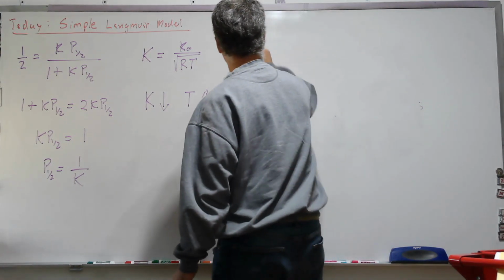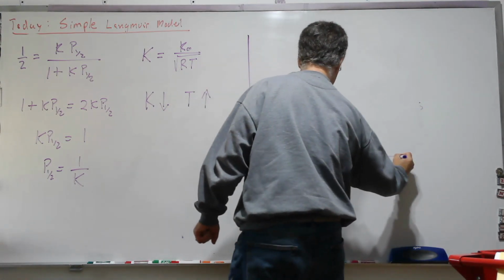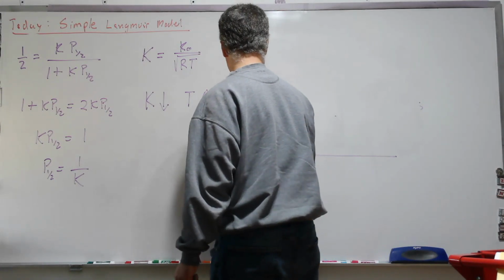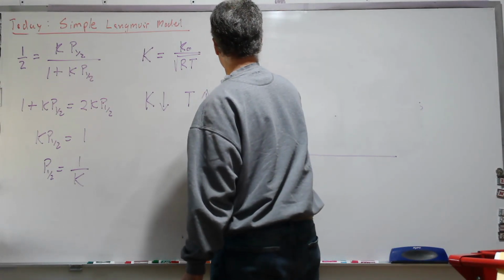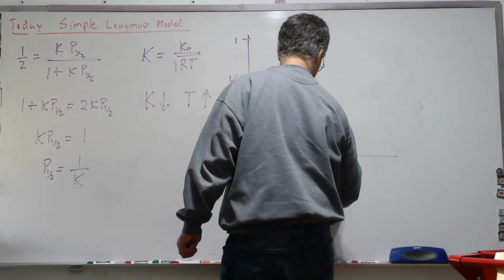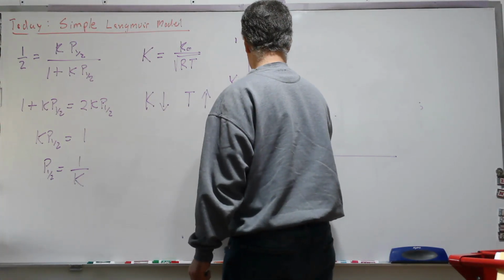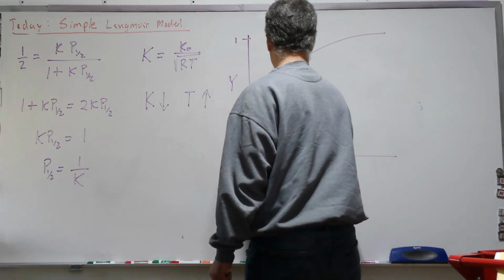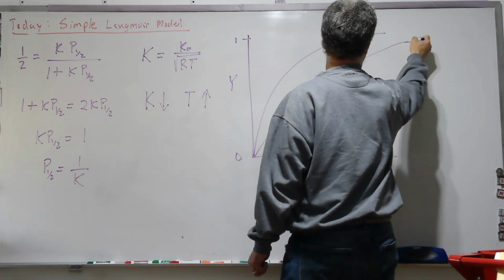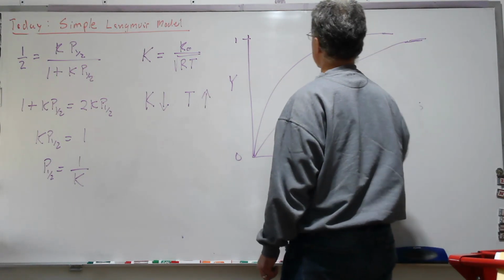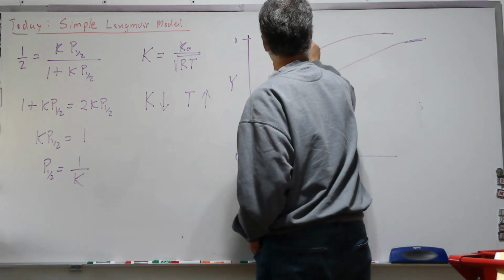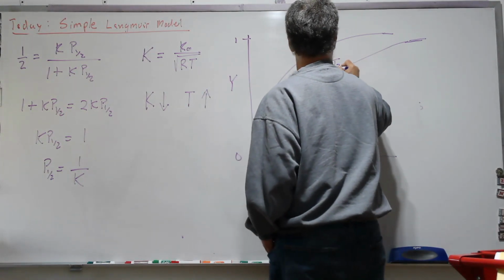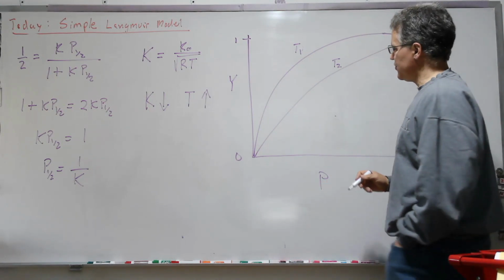So we can represent this graphically again with the isotherms. So we have 2 different temperatures.